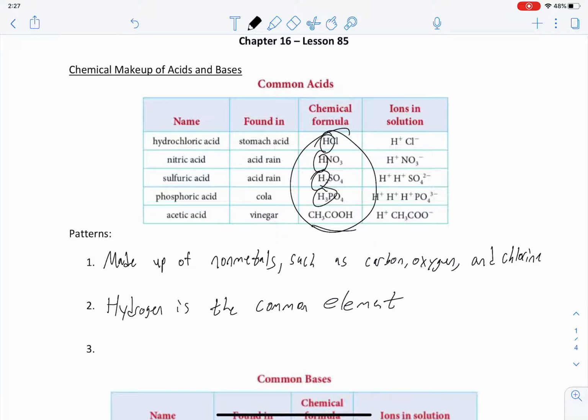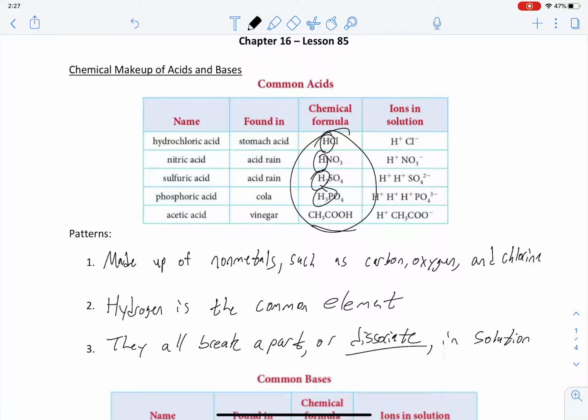Okay, and then the last one is that they all break apart, or dissociate, which is going to be a common term that we will see later in this video, in a solution. So they're breaking up. The molecules are becoming smaller polyatomic ions in the solution, and they're going to be making at least an H+ ion, right?